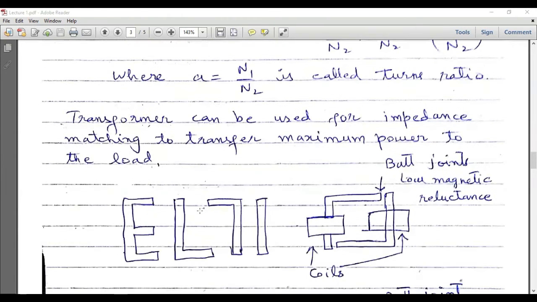And a transformer can be used for impedance matching purposes to transfer maximum power to the load.